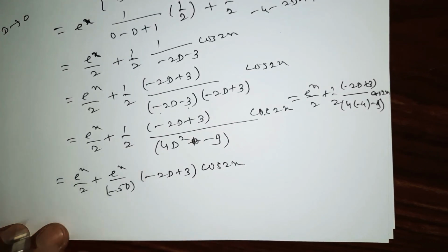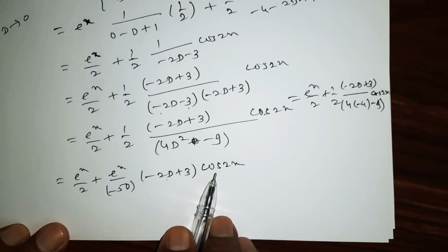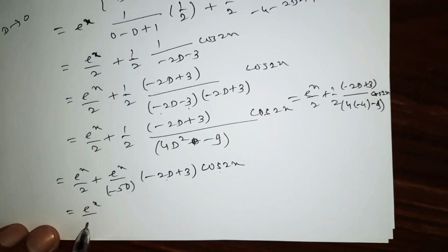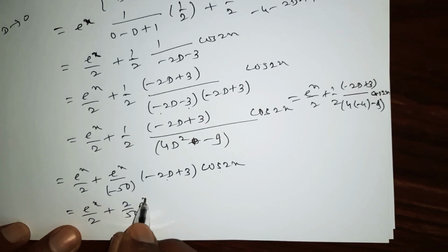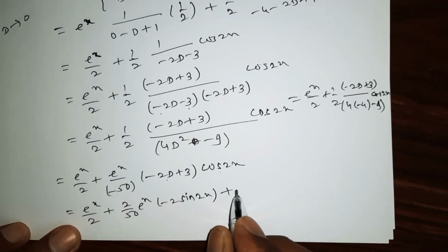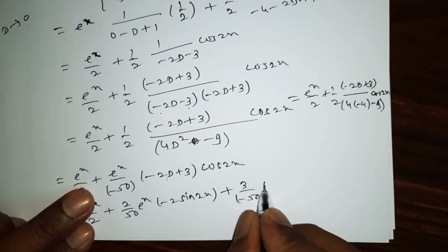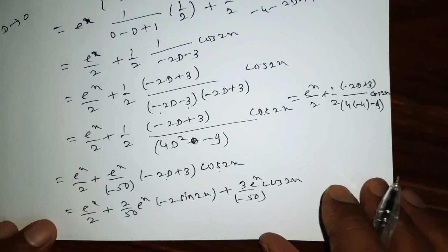Multiply inside and do the calculation. Here d means derivative, and the derivative of cos 2x is minus 2 sin 2x. So complete your answer: e raised to x upon 2 minus minus plus 2 upon 50 e raised to x, the derivative of cos 2x is minus 2 sin 2x, plus 3 upon minus 50 cos 2x e raised to x as it is, and you can simplify now.